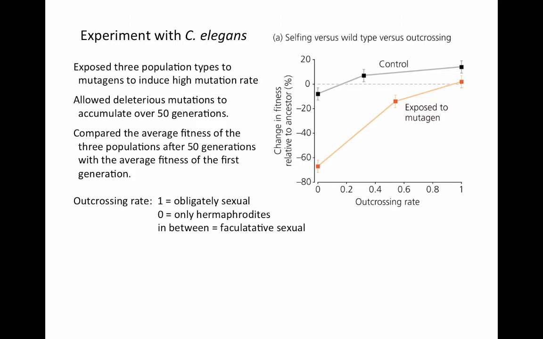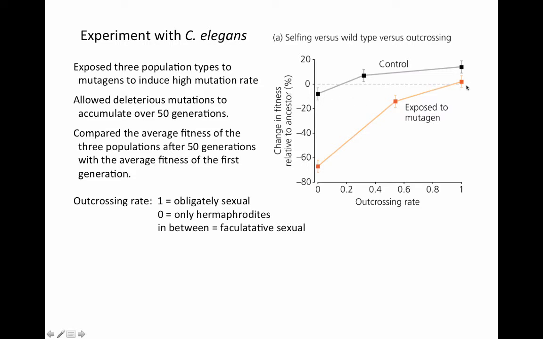fixed in this population. And then the one that's in between is the wild type population that includes both hermaphrodites and males. In the populations that were exposed to the mutagen as compared to the controls that just underwent normal natural rates of mutation, the ones that were obligately asexual, only hermaphrodites, had much, much lower average fitness after 50 generations than the control group that were obligately asexual.